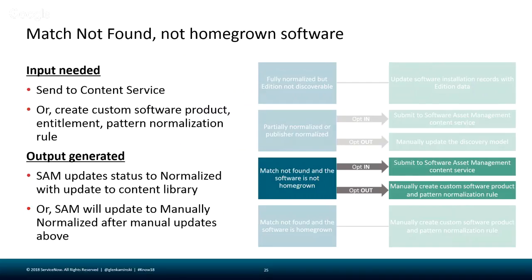That's really telling Software Asset Management, hey, if I'm looking for specific discovered values for the product name, the version, it will then translate that into normalized values, and then you can continue on, and it will manually normalize that particular software discovery model.